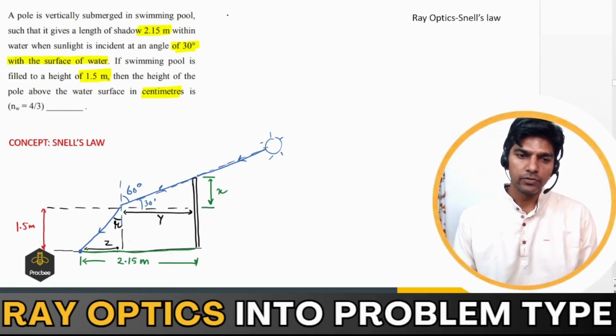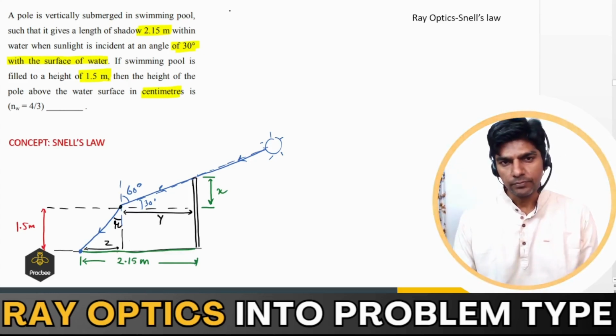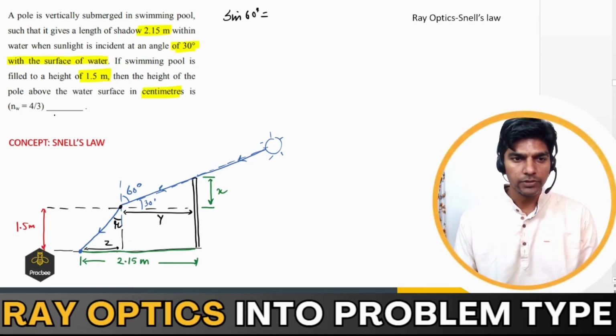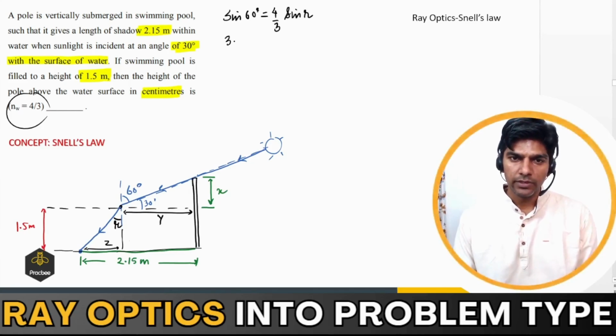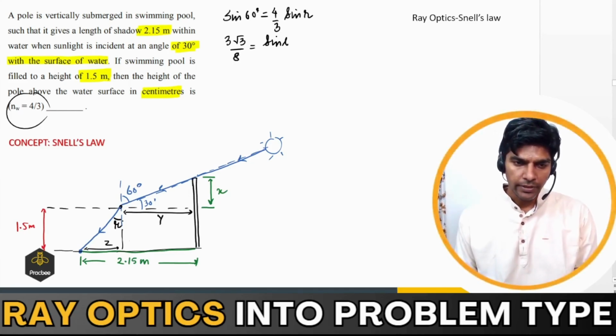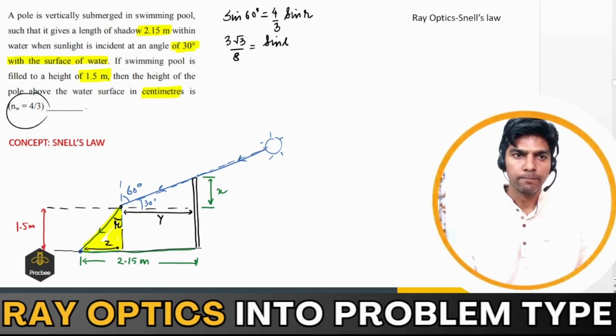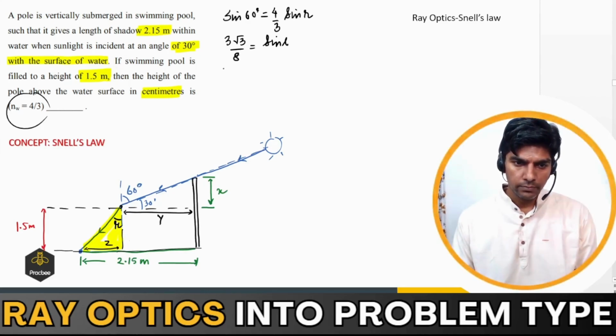If you apply Snell's law at the point of incidence, sine 60 degrees will be equal to the refractive index of water, which is given as 4 by 3, times sine r. From this, 3 root 3 by 8 will be sine r. Now if you consider this triangle and apply tan r, we'll get the value of z.